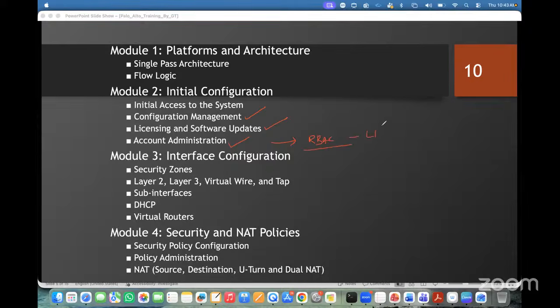L1 should have different access, L2 different access, L3 different access. So how do we manage these, how can we create those accounts, how can we integrate AD to manage administration and also create the policy. We'll discuss that later, but local account management, TACACS integration, licensing, software upgrade, definitely we will understand.